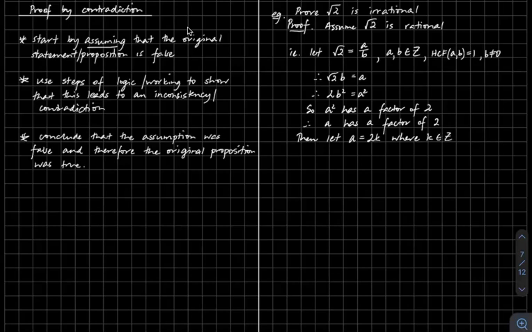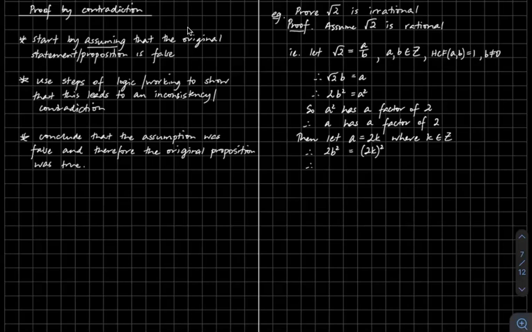If a has a factor of 2, we can write it as 2k. Let's sub that back into the line just above. So 2b squared is equal to the square of 2k. I've replaced the a with 2k.